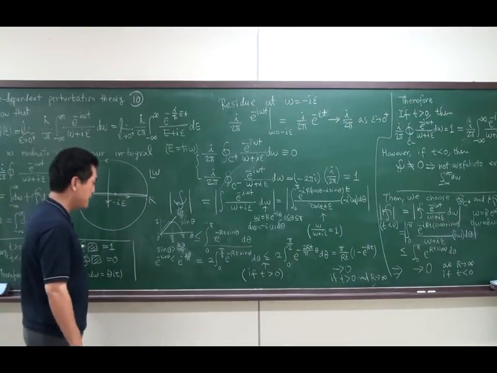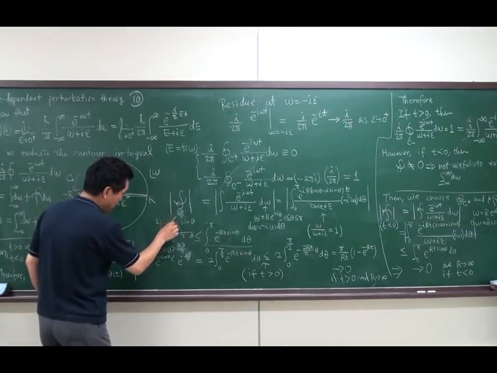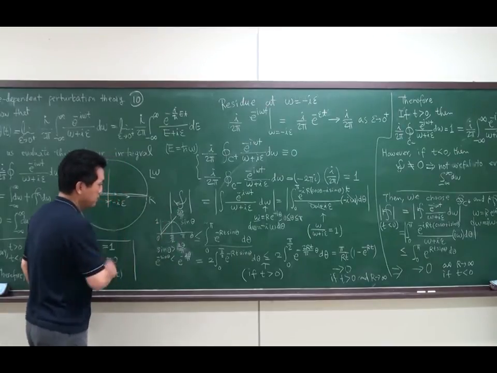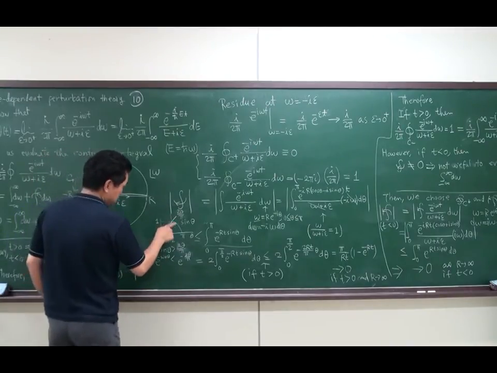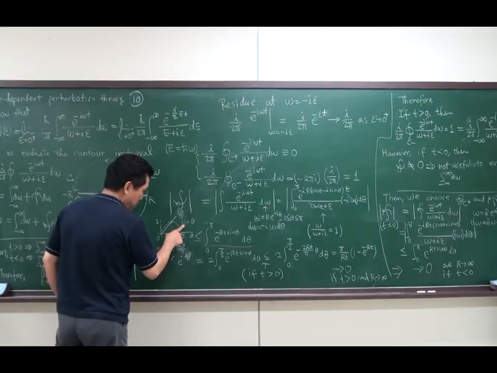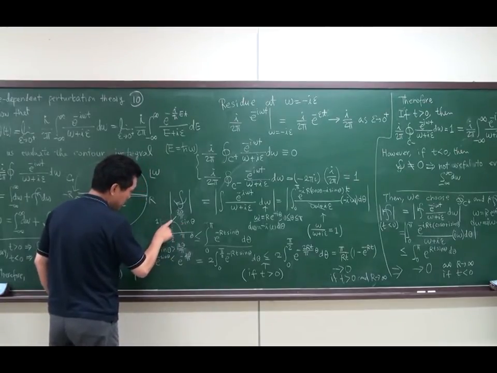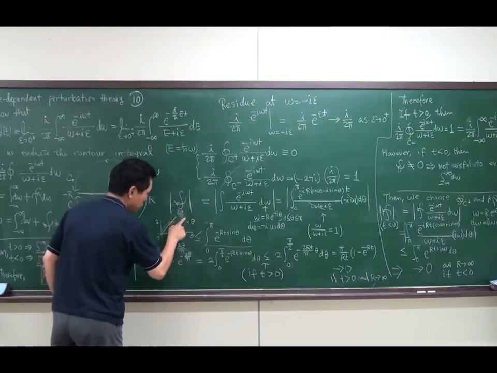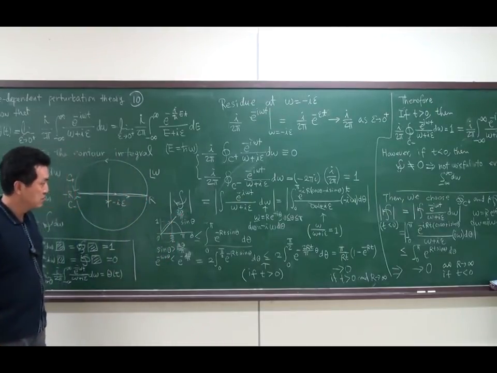Okay? And then if we consider this part, sine theta is always greater than 2 theta over pi.